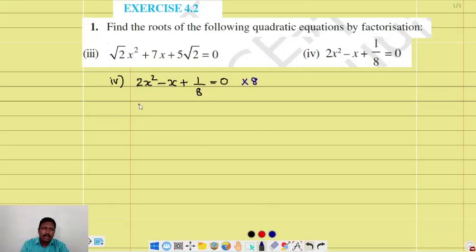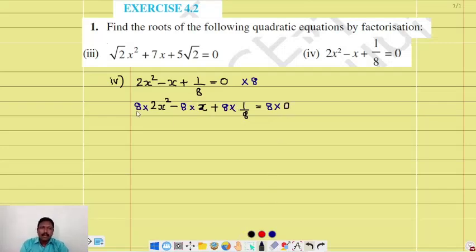Then you will get here 8 into 2x square, minus 8 into x, plus again you have to multiply by 8, 8 into 1 by 8, is equal to 8 into 0.